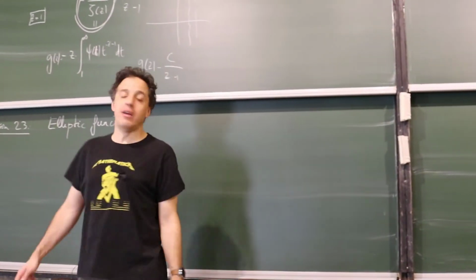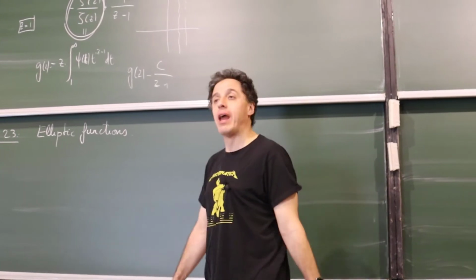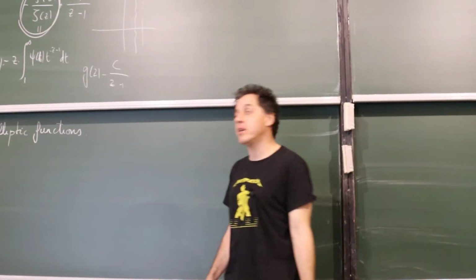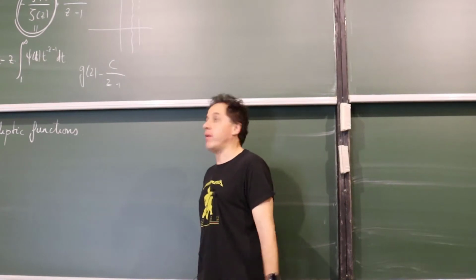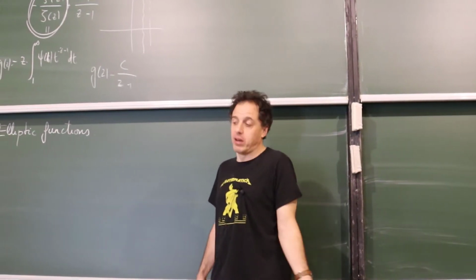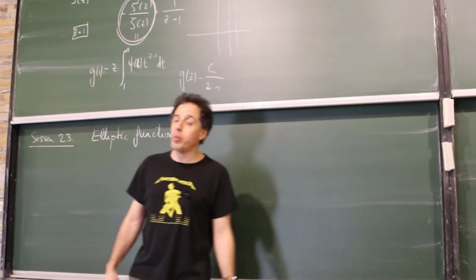They appear naturally in the context of algebraic geometry when trying to study what are called elliptic curves, which are curves of genus 1, and plane curves of genus 1, if they are non-singular, are cubic curves.